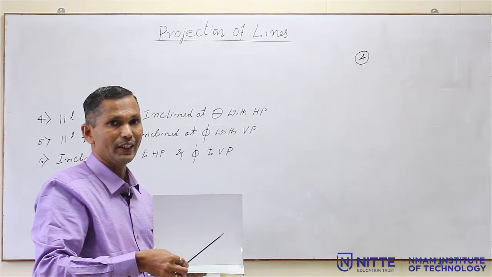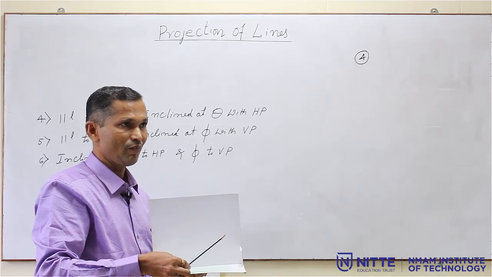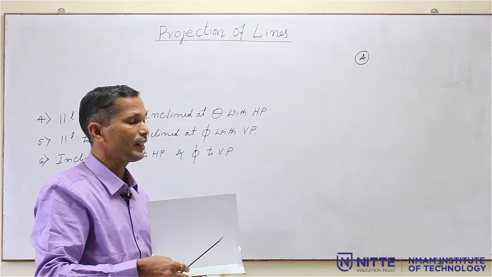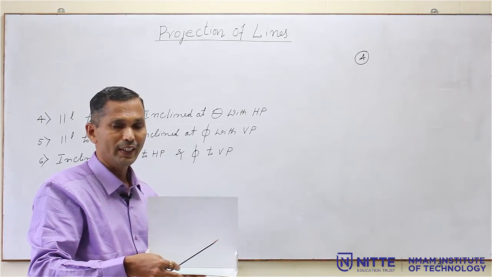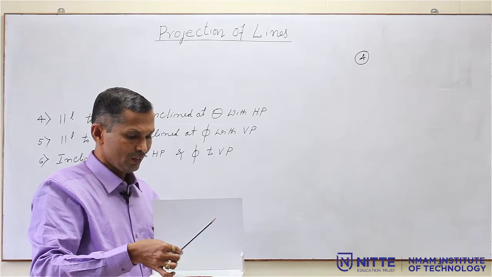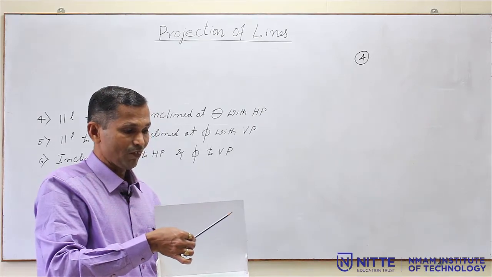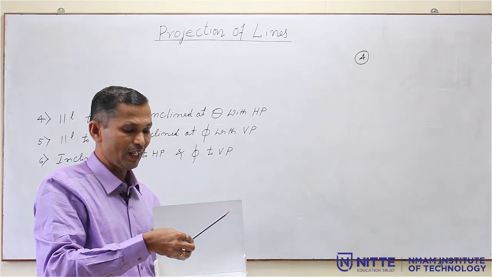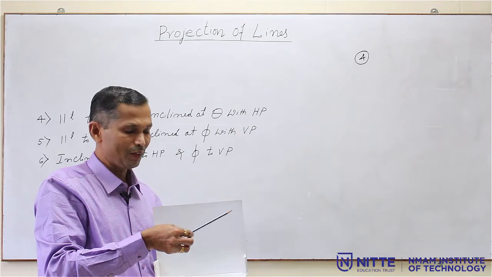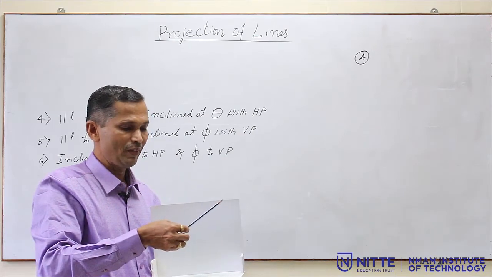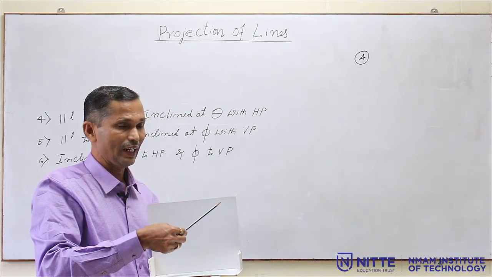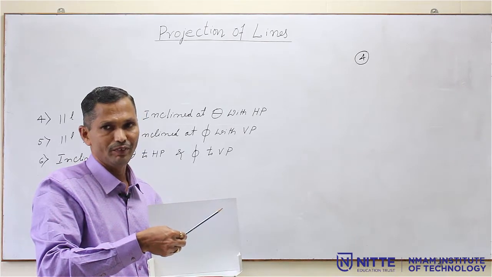That will be given as 30 degree, 40 degree, 50 or 60. It will be mentioned in the problem, and accordingly you have to take that. Now, this is the position of the line. One end of the line is 40 mm above HP, 50 mm in front of VP, and is inclined at an angle of 30 degrees to HP like this.